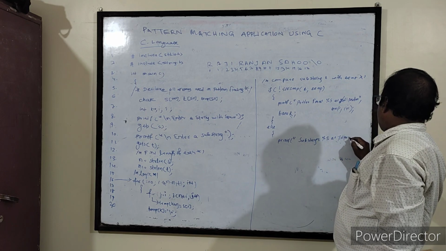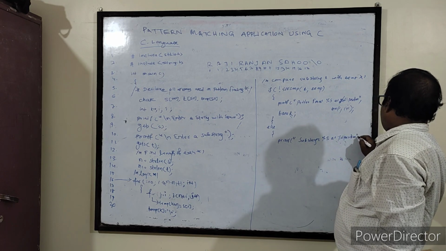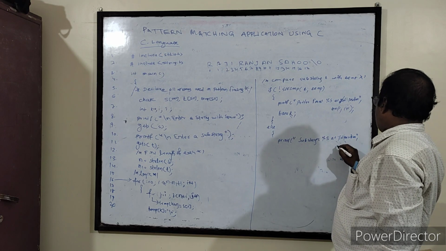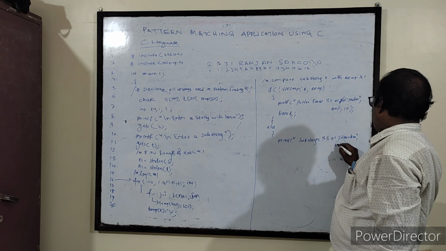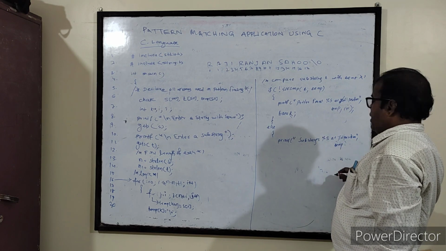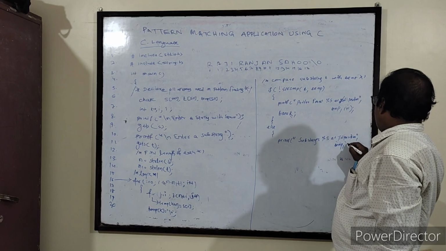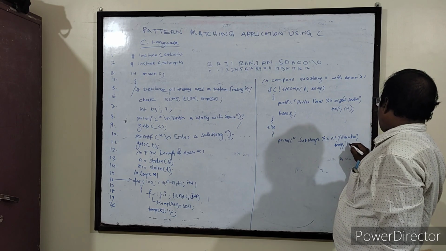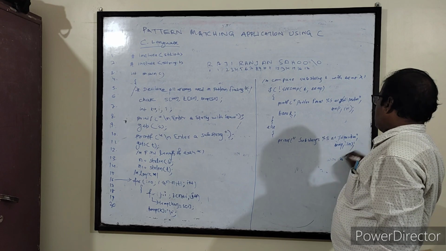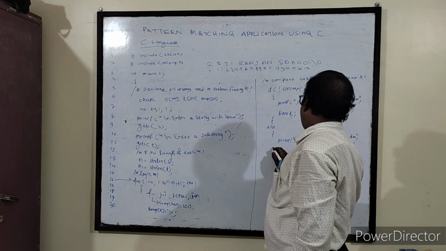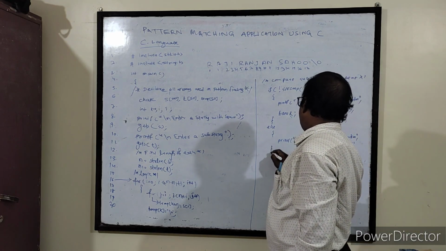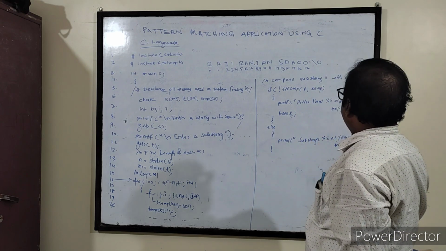So what is this idea? Double quote, and I'll write here this is the substring temp and comma I plus 1. Right, and continue this loop here. No need to do any other work.